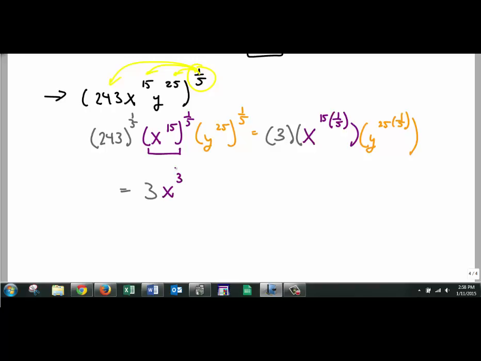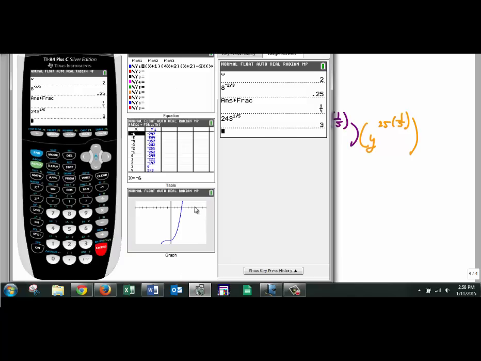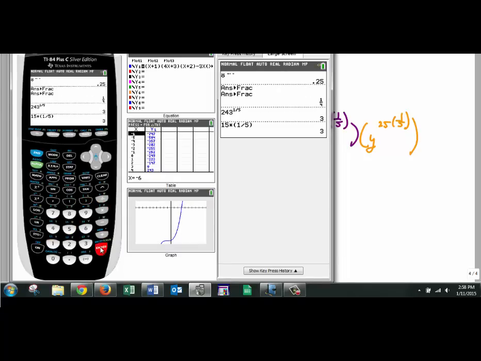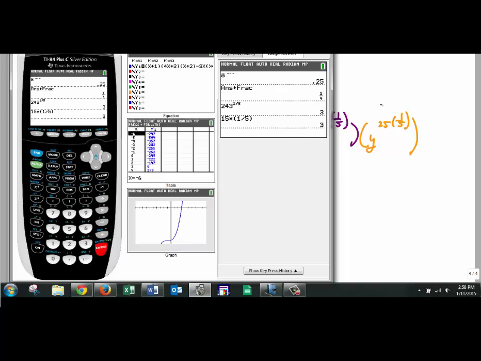And if you're not good with your fractions, remember, grab your calculator. 15 times 1/5, and I want to put this in parentheses to make sure I'm multiplying correctly, and I do get my 3 here. Now my other one that I see from over here is 25 times 1/5. 1/5 of 25 is 5, but if you need to check that, you go 25 times 1/5.